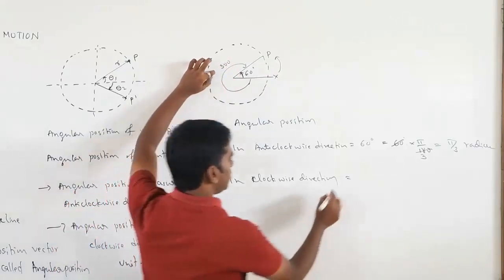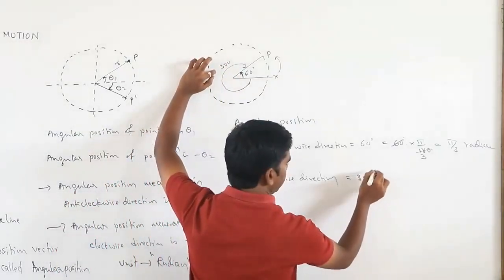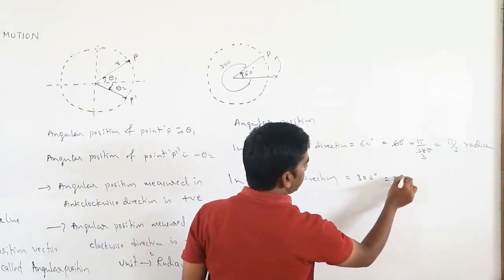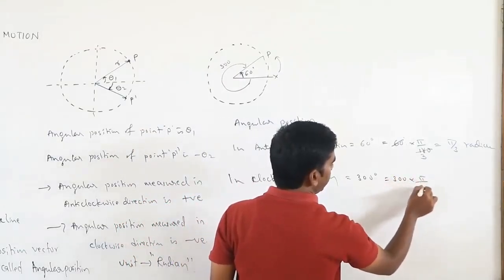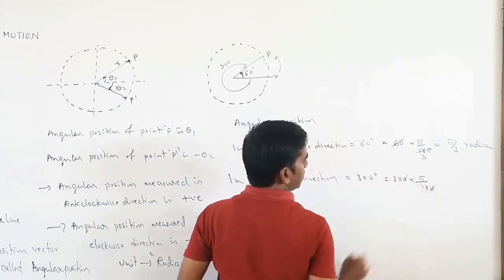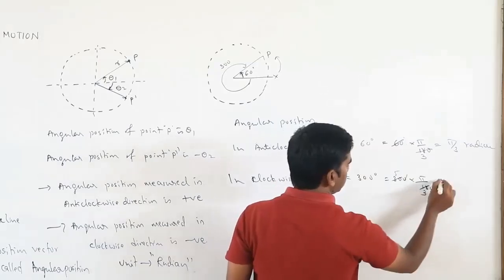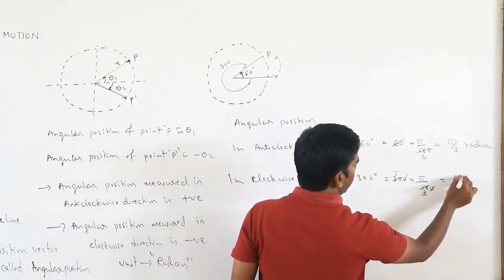So this is going to be 300 degree. You can write only that much, or you can convert into 300 multiplied by pi by 180. This one will get cancelled, so this will become 5 pi by 3.